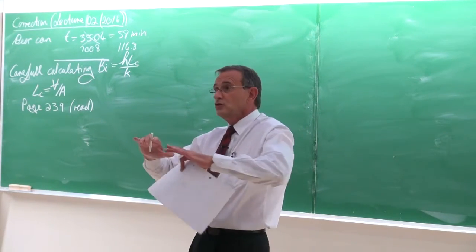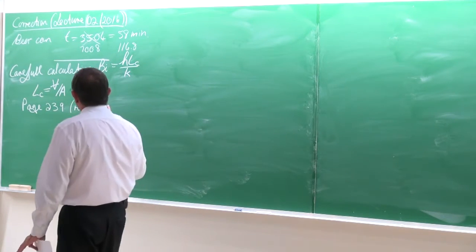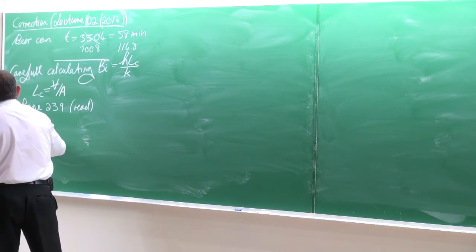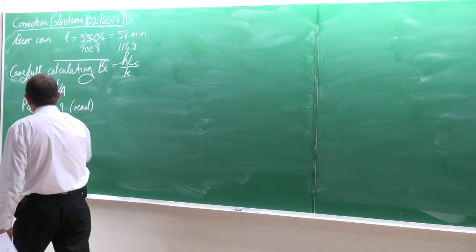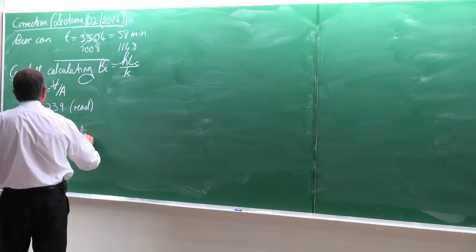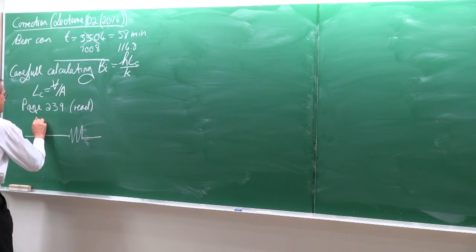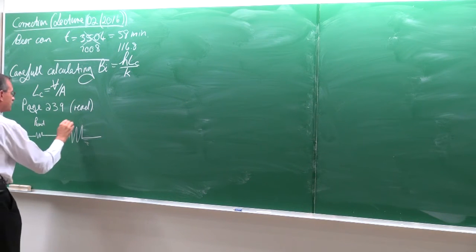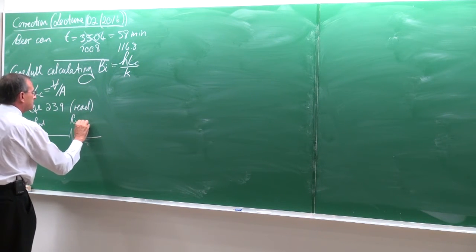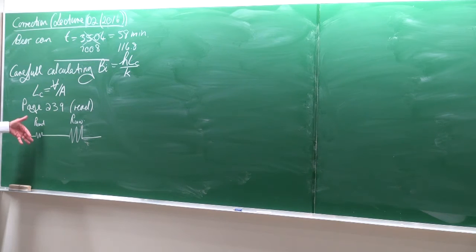So I've explained to you yesterday that the Biot number is all about the ratio of the conduction heat transfer to the convection heat transfer. So that is the resistance of conduction to convection. Okay. And in general, if this ratio is about 10 or smaller, then the lump system approach will work very well.